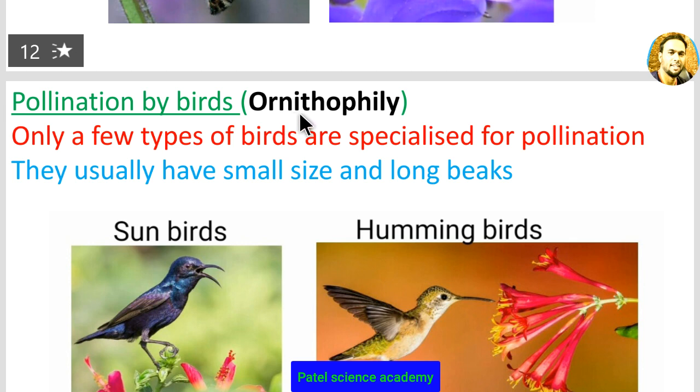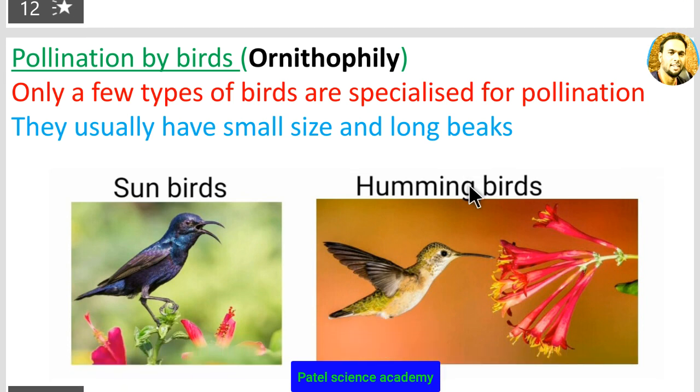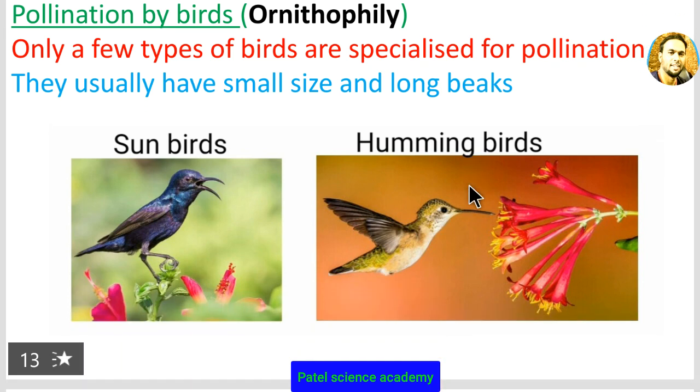Likewise, now ornithophily, one of the most attractive types of pollination. Ornitho means birds, the pollination by the birds. Only a few types of birds are specialized for the pollination, and they usually have small size and long beaks. So all those birds can perform the process of this pollination.